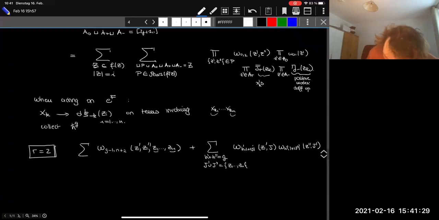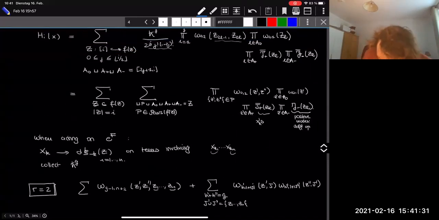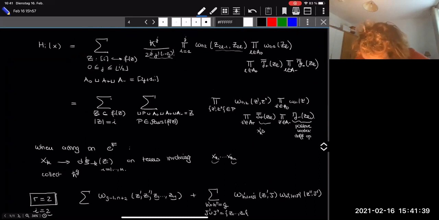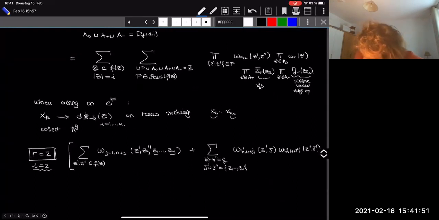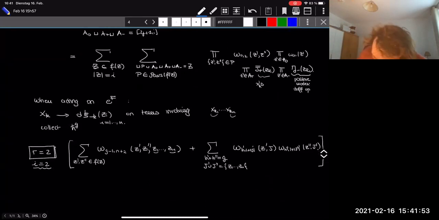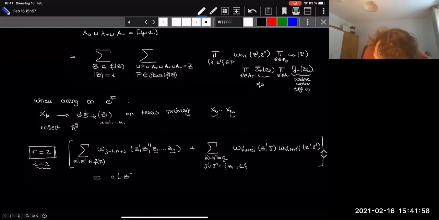And here we must have a sum. I'm considering the case r equal 2, because r equal 1 is simple. It's a sum over a subset of the fiber of cardinality 2. So you have to take some z prime, which is in f of z. So that's the result of the action of H_R, and you want that this is a big O of z to the minus r, which is 2 delta 2.